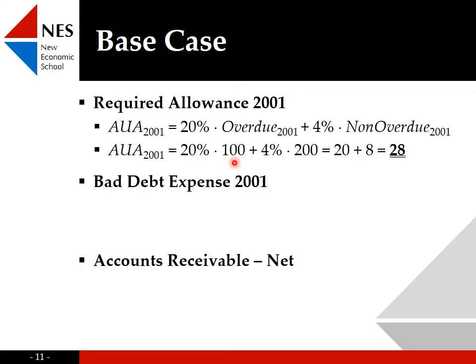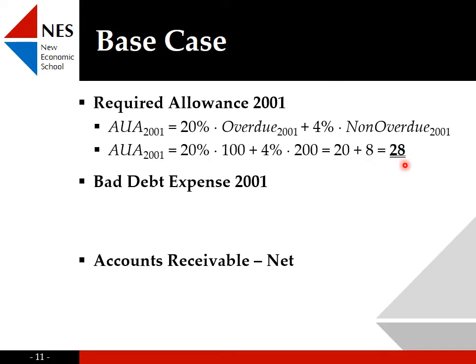So what we will expect is that the required level of allowance is going to increase because we now have more overdue receivables. So let us now compute the desired level. The company maintains its bad debt policy requiring 20% of the overdue, 20% of 100 will be 20, and 4% of the non-overdue, 4% of 200 will be 8, the sum of the two will be 28.